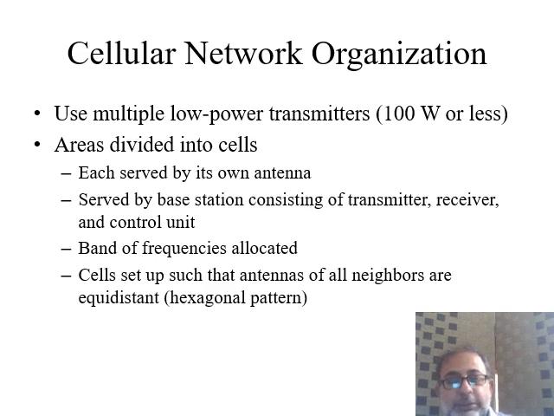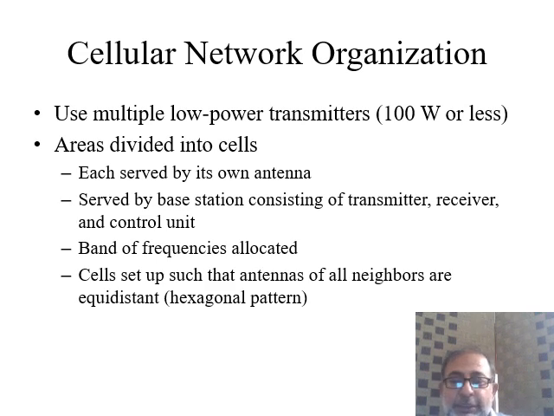Now let's see what are the cellular networks. Cellular network organizations normally use multiple low power transmitters, 100 watts or less. They make cells of hexagonal shape, which fit into each other like a beehive. You can see the beehive cells.